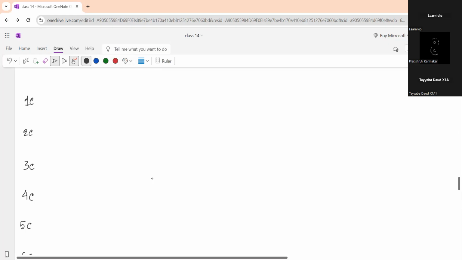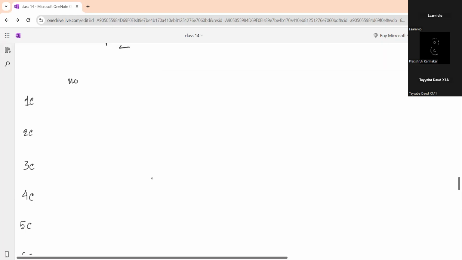Let's do 1 carbon, and here we have no pi, 1 sigma. That is single bond. Then we will have 1 pi, 1 sigma, that is double bond.